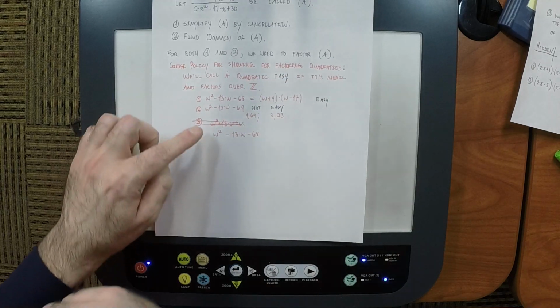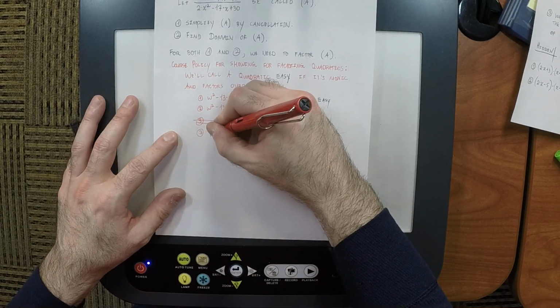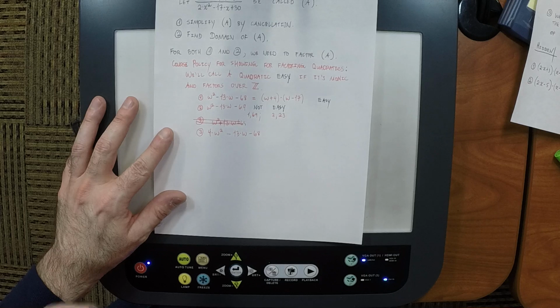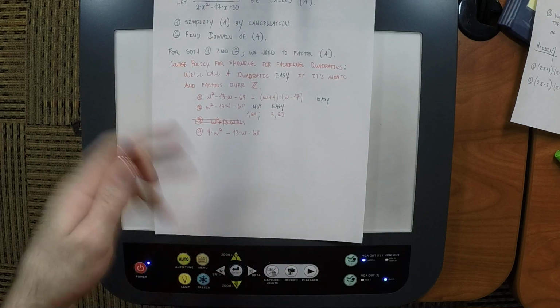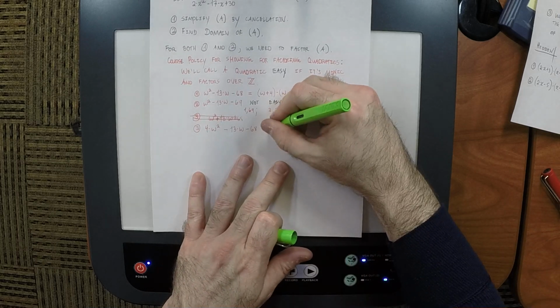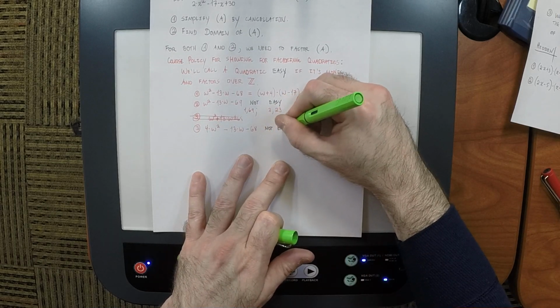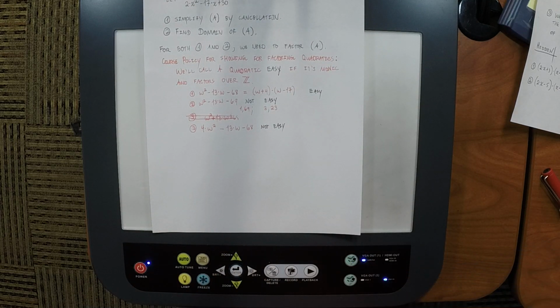So far I've just copied it, but now I'm going to put like a 4 here. So now it's not monic. Okay, so according to our definition of this word, easy, this one is not easy. So to be easy, it has to be monic, and the factors have to be integers.